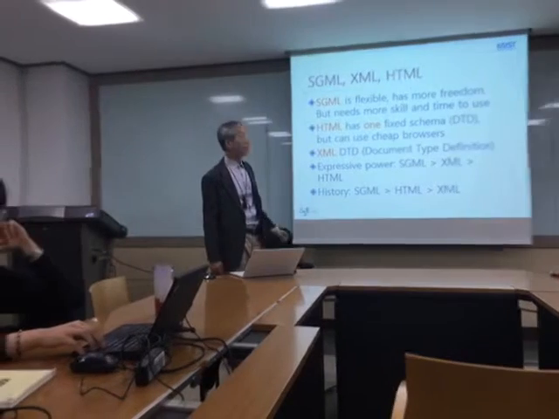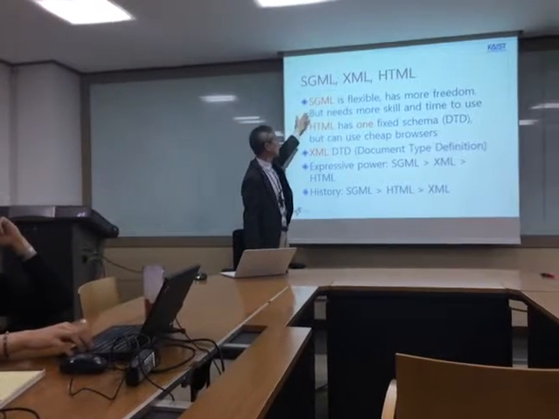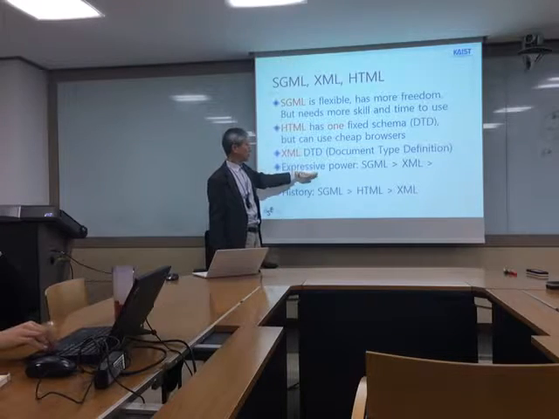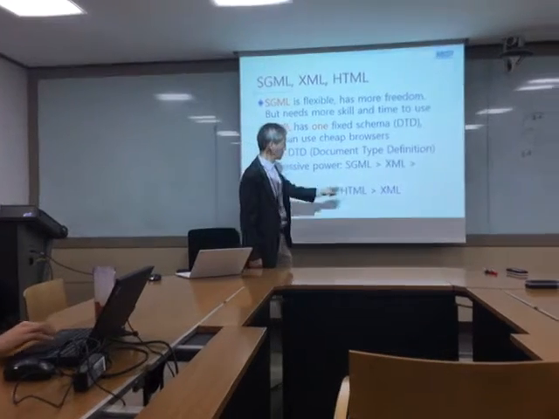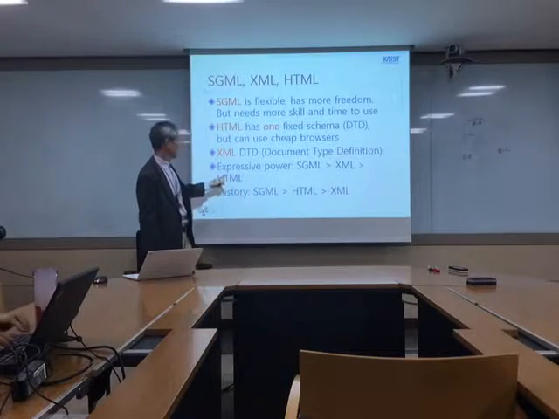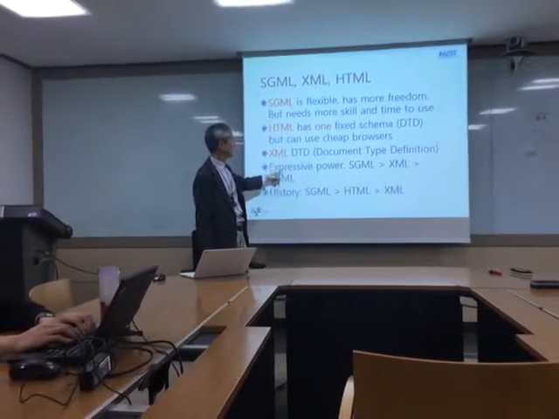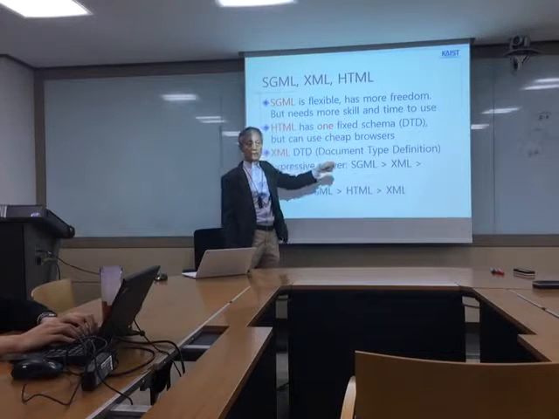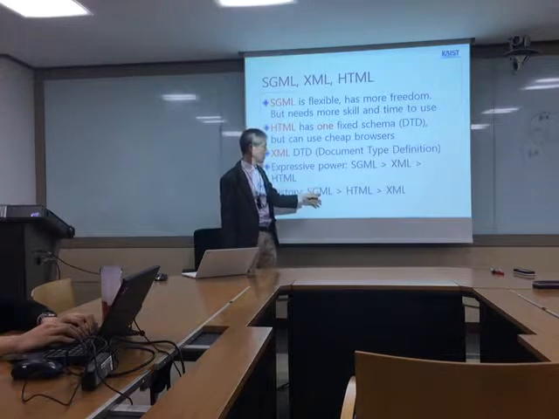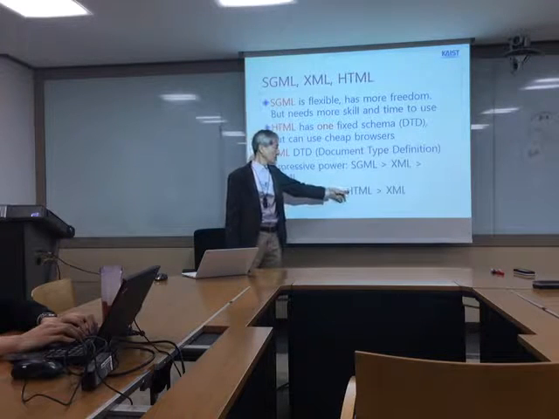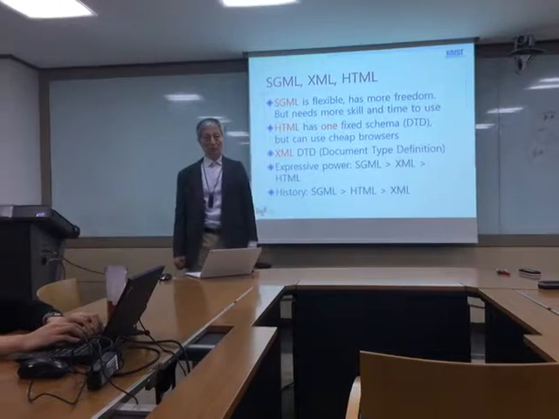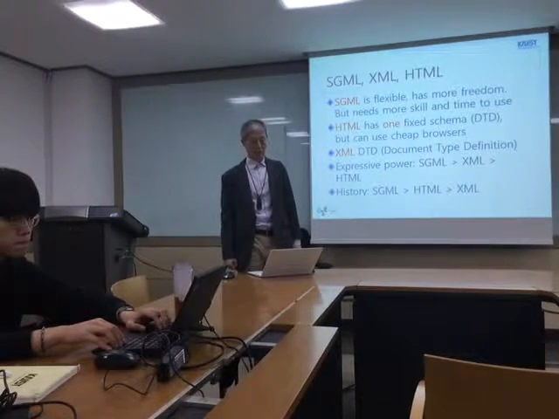XML allows this, and in terms of expressive power it is in between HTML and SGML. SGML is the most powerful. HTML is very simple, only one fixed schema. Historically, SGML was the first one, and HTML was the second one. XML is the latest one. So it is a new development out of old technology.